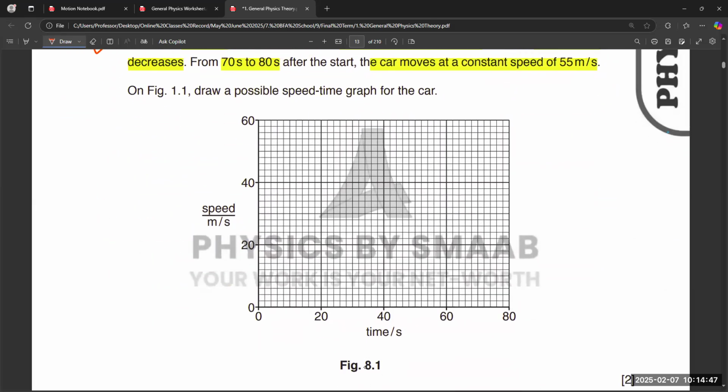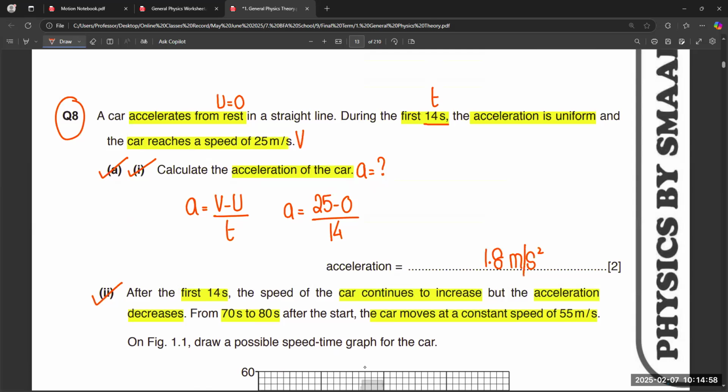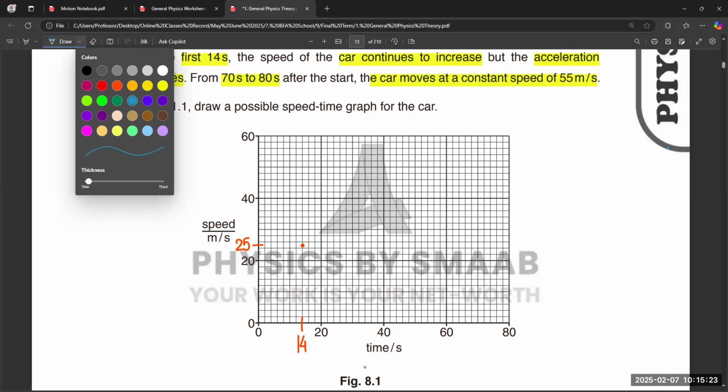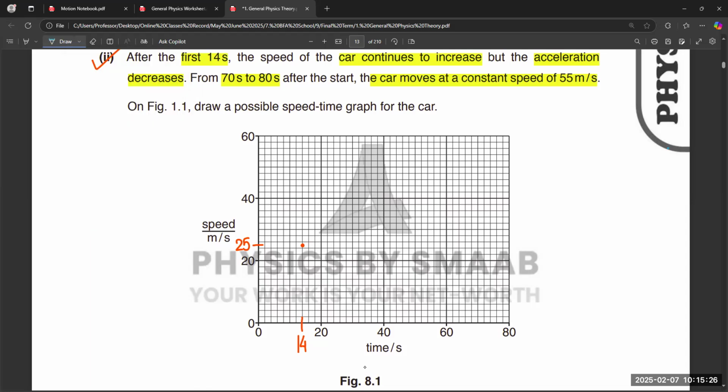In the initial 14 seconds, the car reaches the speed of 25. So initially the car is accelerating uniformly, so definitely there must be a straight line.